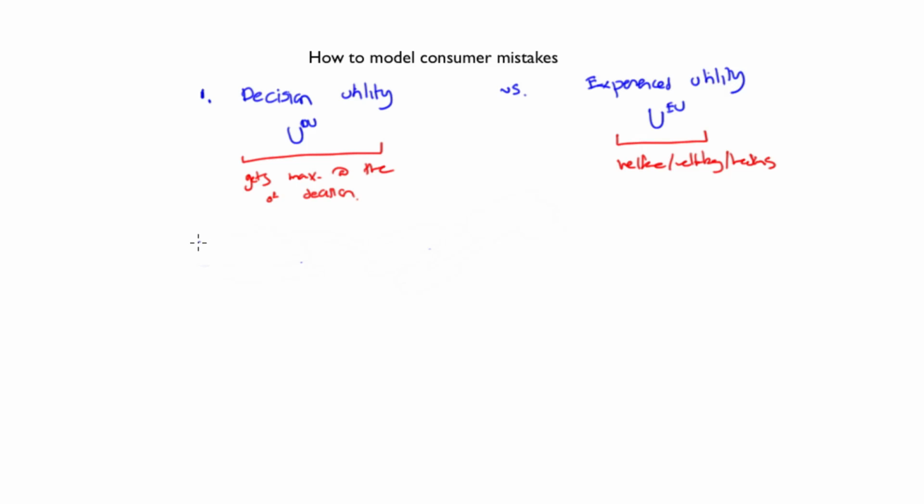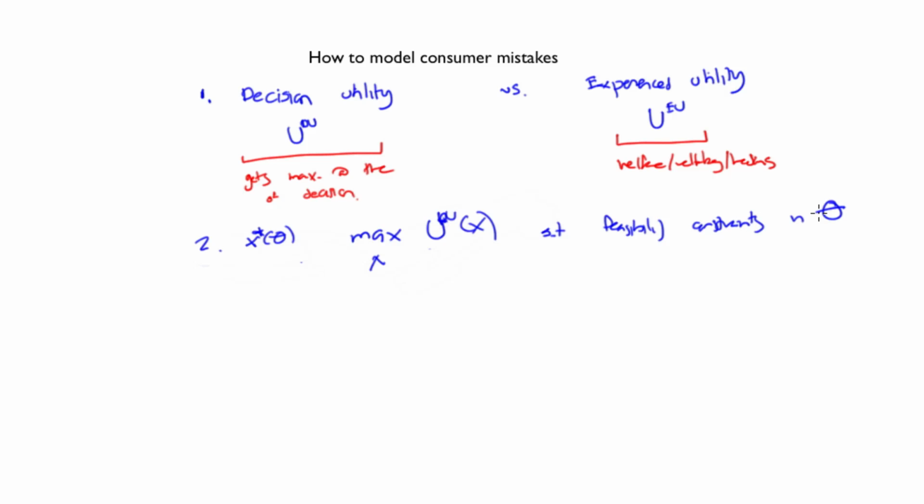The second component of the model states that the decision that the consumer makes, let's denote it by X star of theta, where theta just denotes the environment, the policy, the setting in which the consumer has to make decisions, is always the result of maximizing over X the decision utility over X, subject to the feasibility constraints in the environment theta.